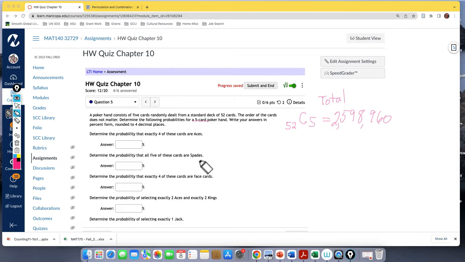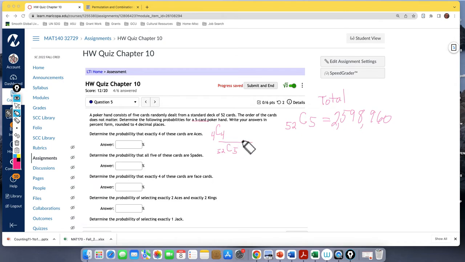Well, the denominator, and I'll write this out in long form, is 52 cards, and we're going to choose 5. That's the total. The numerator, we're going to choose exactly 4 aces. How many aces are in a deck of cards? 4. The order's not important, so that's 4 choose 4.